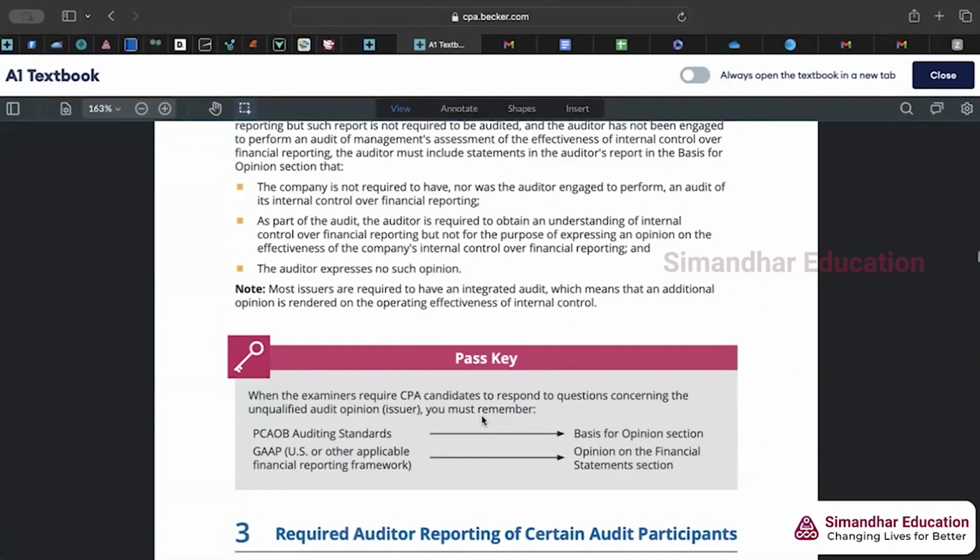That is why you only need to refer to these two paragraphs. In case of issuers, if you are required under SOX to give an opinion, then yes, you're giving two opinions. One on the financial statements and two on your SOX compliance.